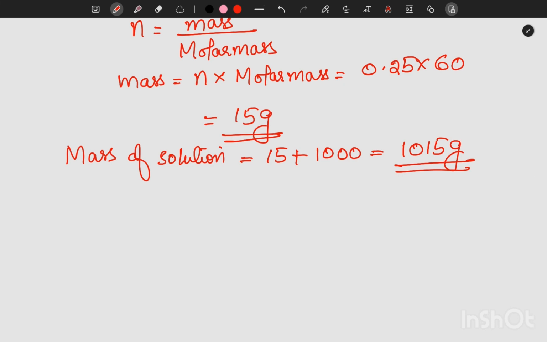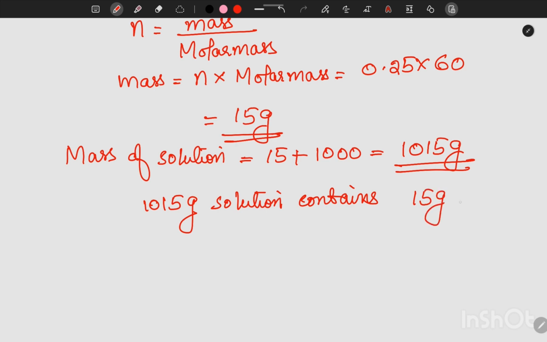Therefore 2500 gram of solution contains how many grams of urea? You can just do by unitary method. 1015 gram solution contains 15 gram urea.